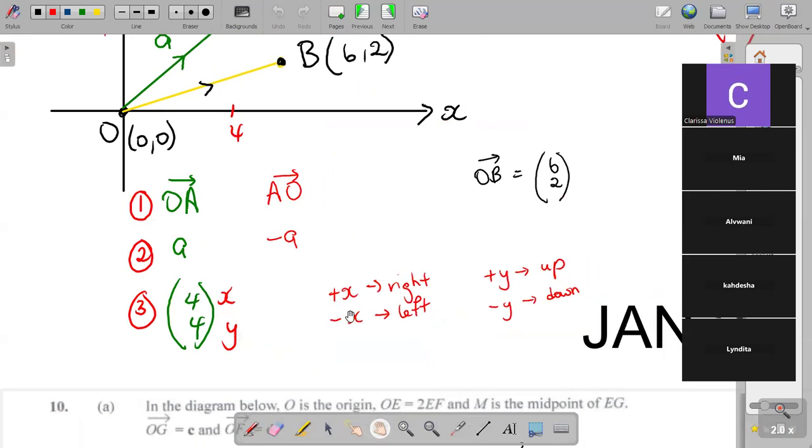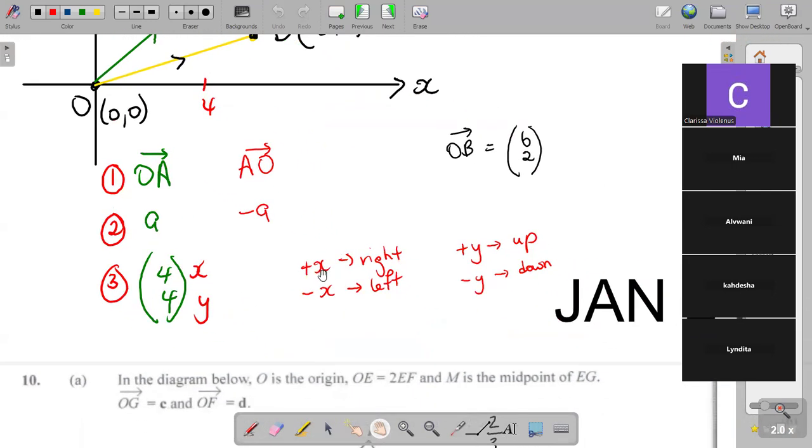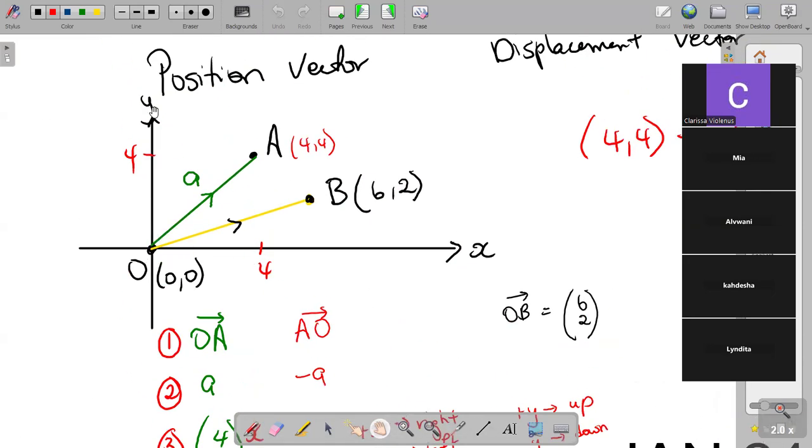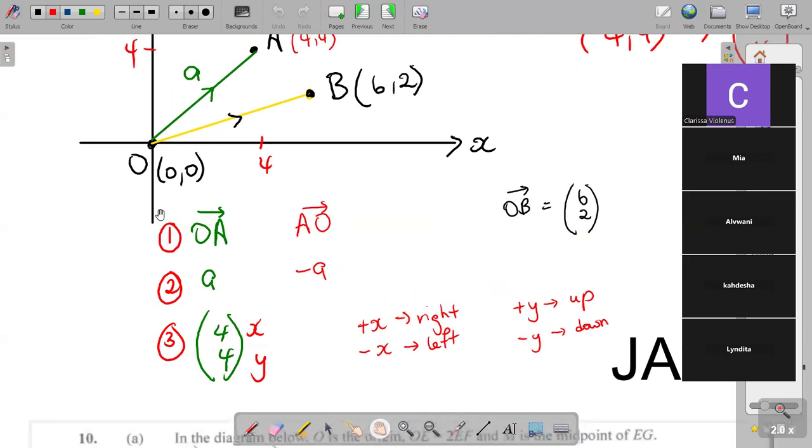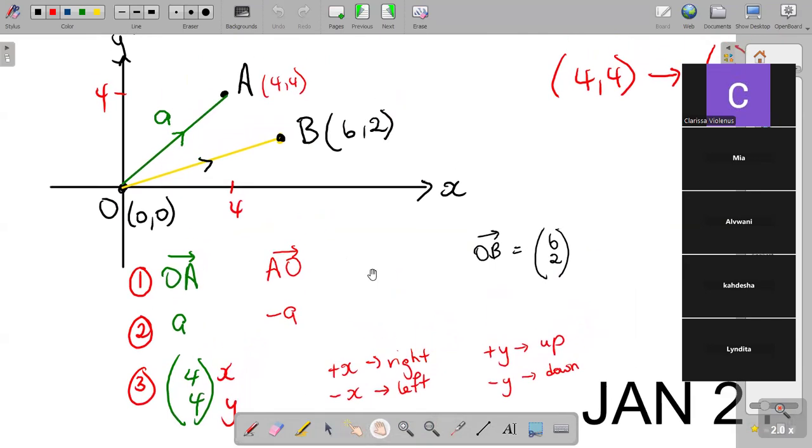When X is positive, just like on the number line, you're on the right hand side, you're moving to the right. If X is negative, that's a left movement. Similarly, if Y is positive, it's upwards, going up, and negative Y is coming down. All right, so we need to be able to understand a few things.